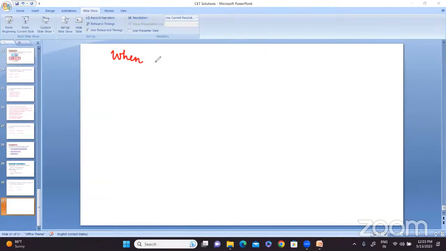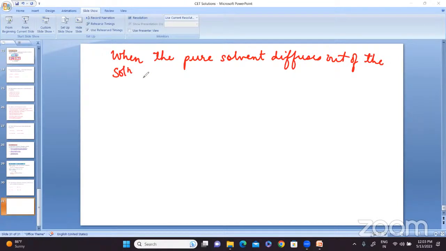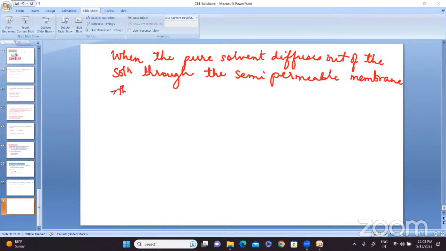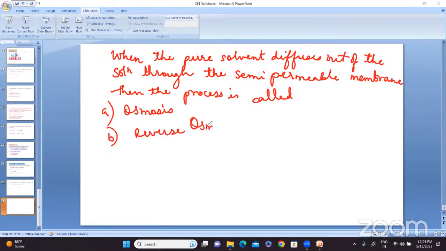When the pure solvent diffuses out of the solution through the semi-permeable membrane, then the process is called: A, osmosis; B, reverse osmosis; C, sorption; D, dialysis.